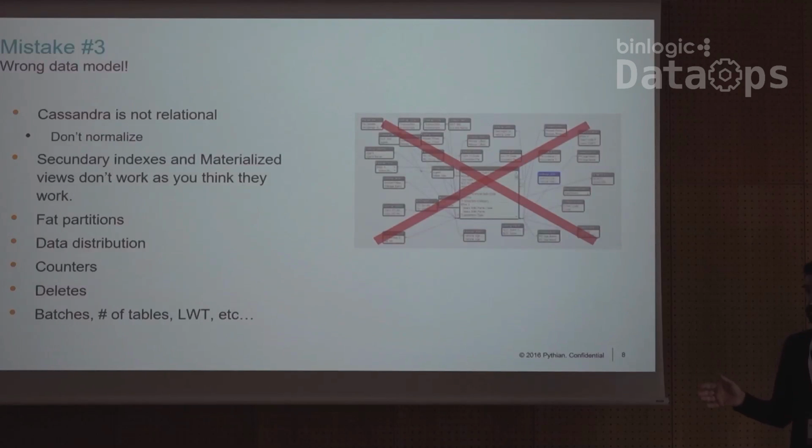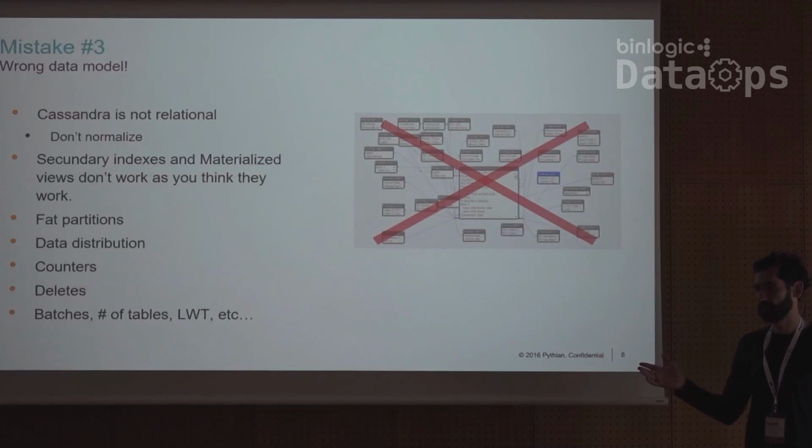Whenever you need a new query, for example, in Cassandra you select by the primary key. If you needed to select from a table by one other field, what you would do in a relational database is create a secondary index and use that secondary index.